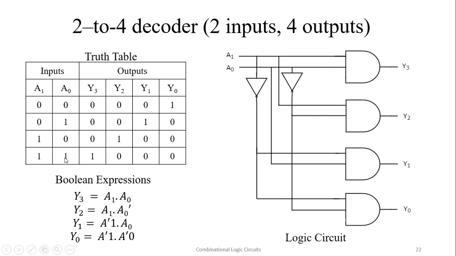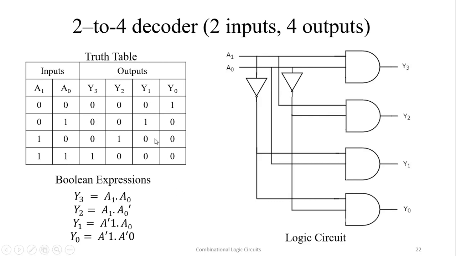If both the inputs are 1 1, this pattern will be indicated by the Y3 output. So this output will indicate this code pattern at the inputs.